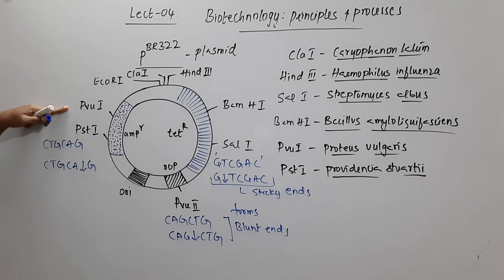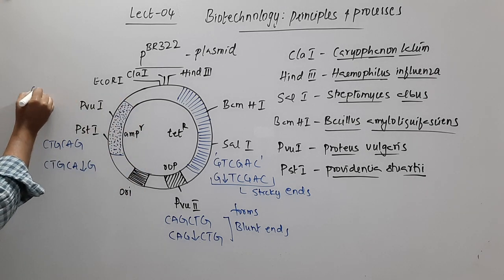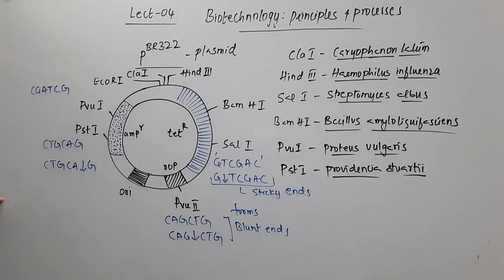And coming to PvuI, it's going to identify CGATCG, and of course the opposite strand is also the same.